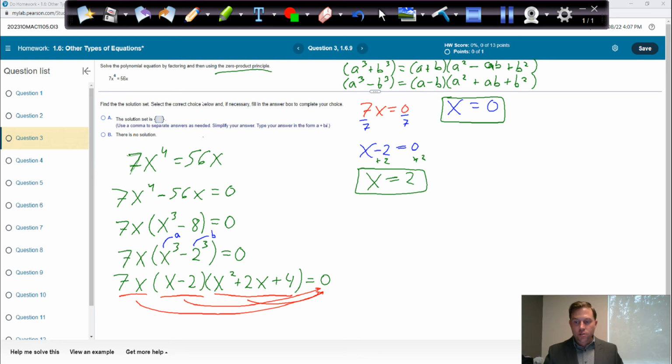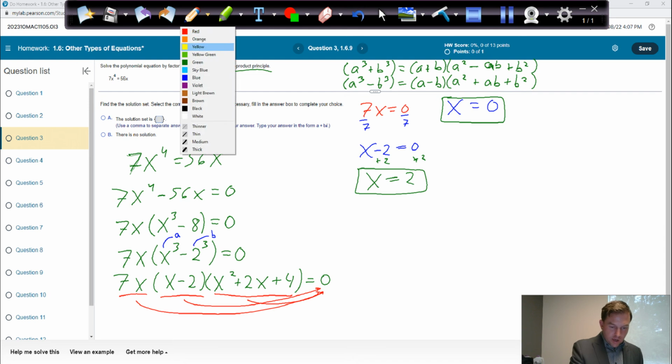Now the third and fourth answers come from solving this quadratic. Now what we try to do is factor it, but with a 4 and numbers that add up to 2, none of them will work. So 1 times 4 either adds to 5, or if you subtract one of the numbers, you can get 3. 2 and 2, no matter what you do with those numbers, you're not going to get to 2. So this one we have to use the quadratic formula.